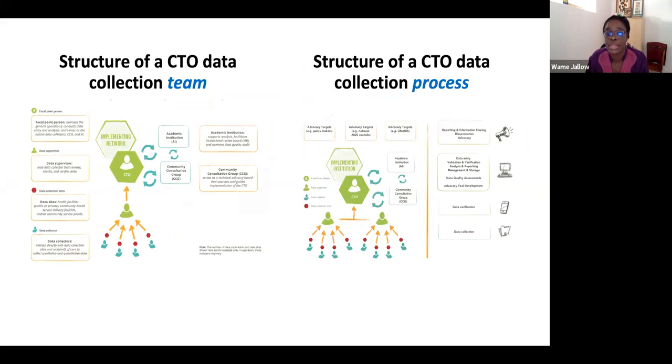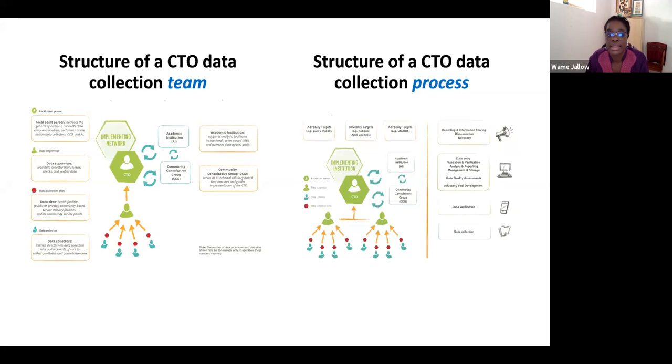In the case of the CTO, data collectors are specifically assigned to the healthcare facility. They are members of the community, members of non-governmental organizations and community-based organizations that have a vested interest in ensuring that quality improvements are seen within the health system, and that advocacy is facilitated.